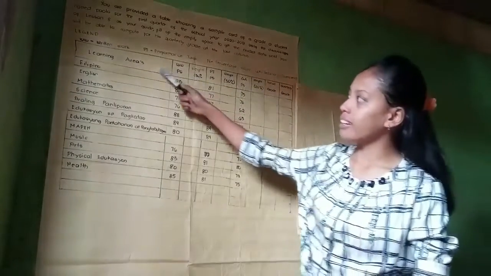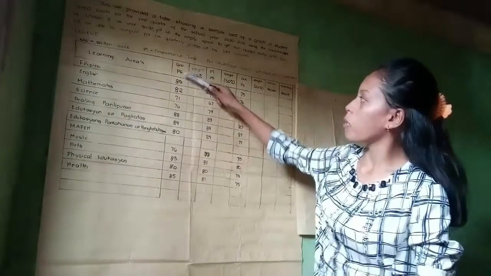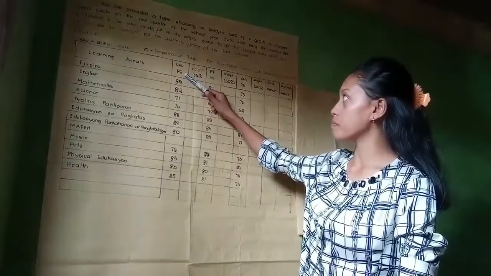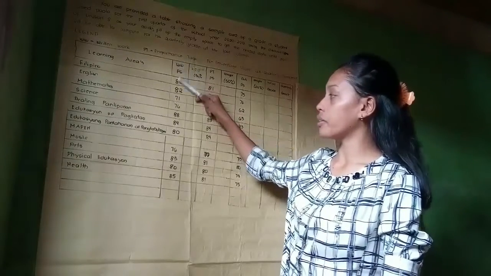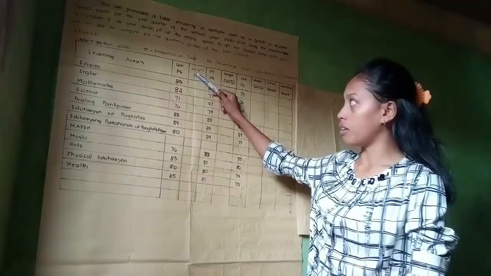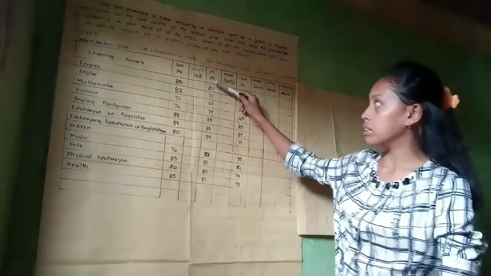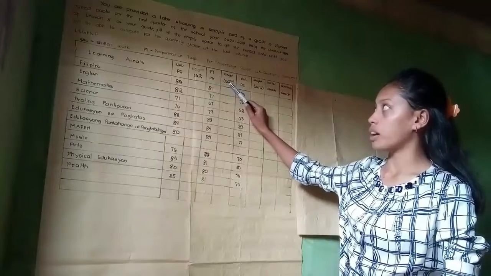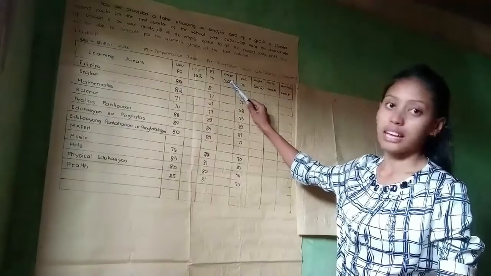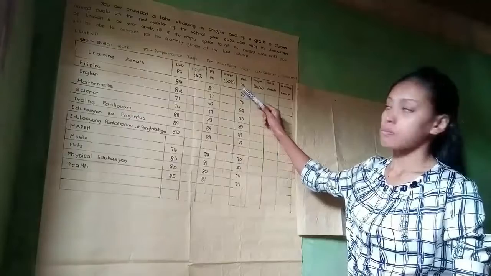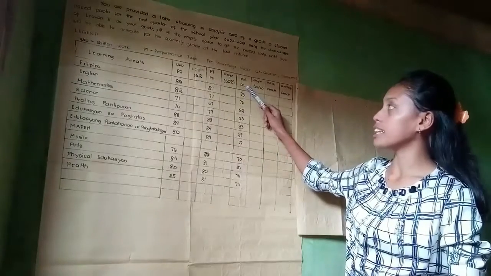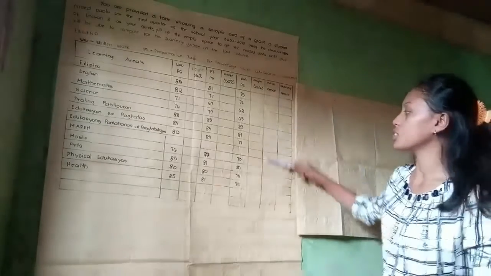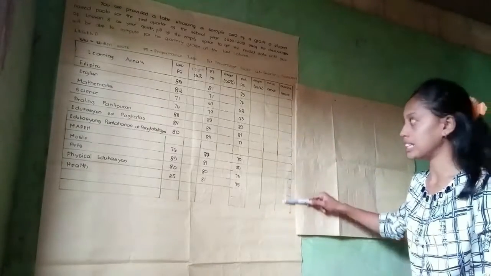These are the learning areas, the percentage scores and weights of written work, performance test, and quarterly assessment, and this is the initial grade and quarterly grade.